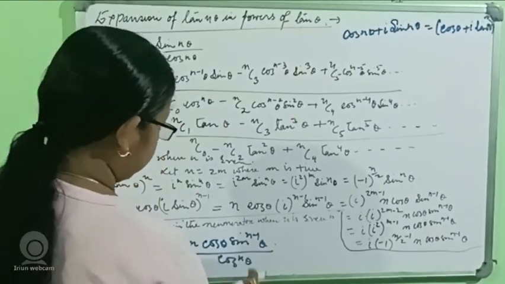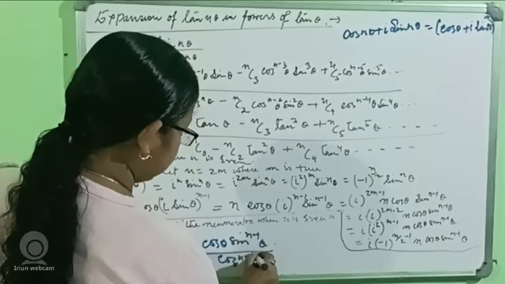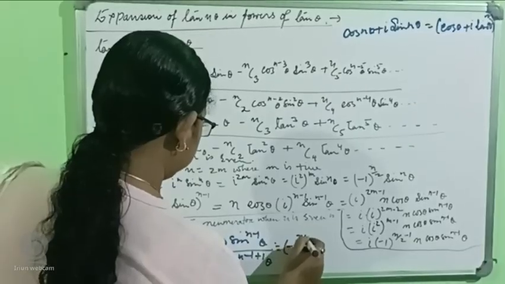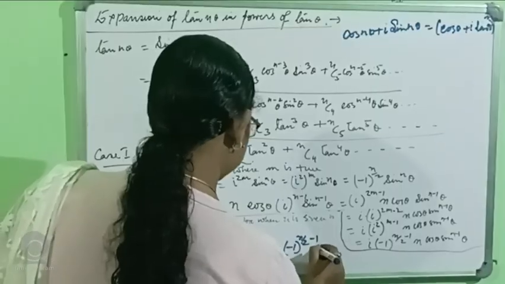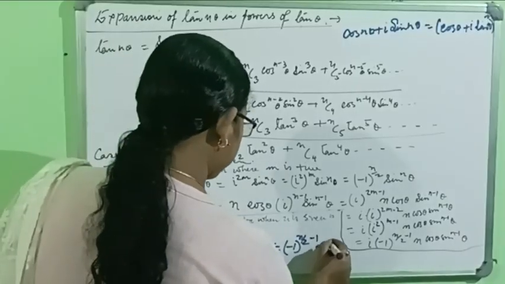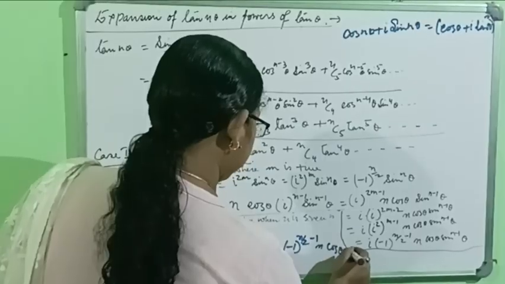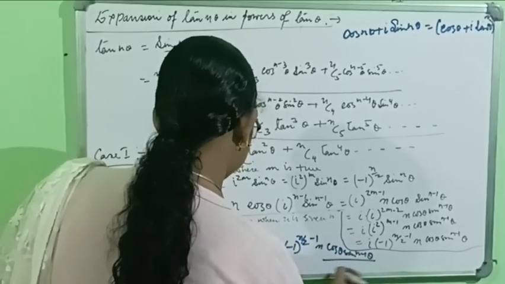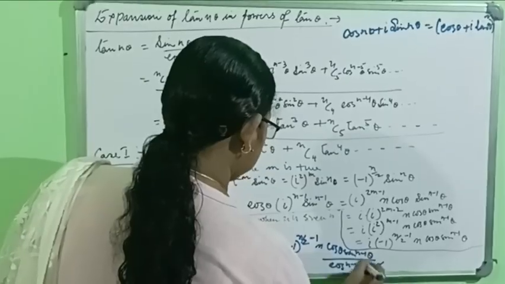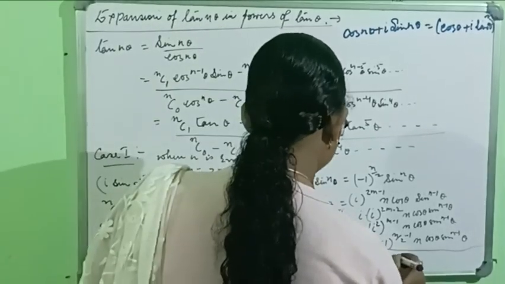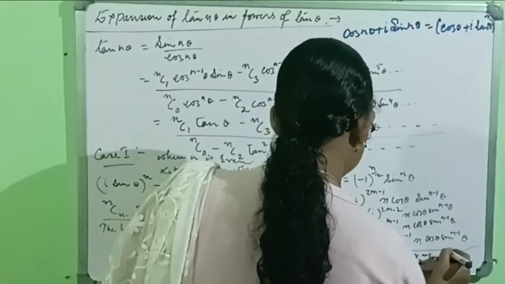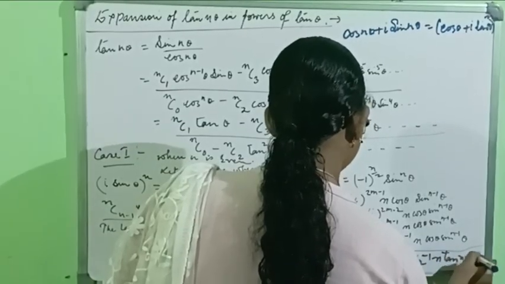So this is minus 1 to the power n by 2 minus 1, and cos theta sine n minus 1 theta divided by cos n minus 1 theta cos theta. Okay, cos theta cancels out. This is equal to minus 1 to the power n by 2 minus 1 and tan n minus 1 theta.